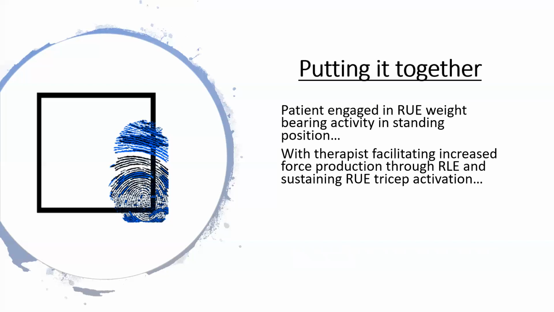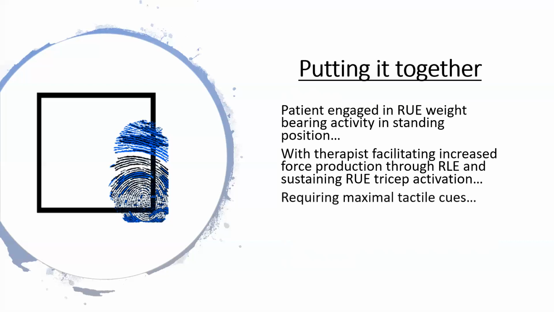So we're picturing this guy standing close to the wall, with his right arm on the wall in standing. And you could also put engaged in right upper extremity weight-bearing activity with right arm on the wall in standing. You could go into more detail here as well. This is just an outline.